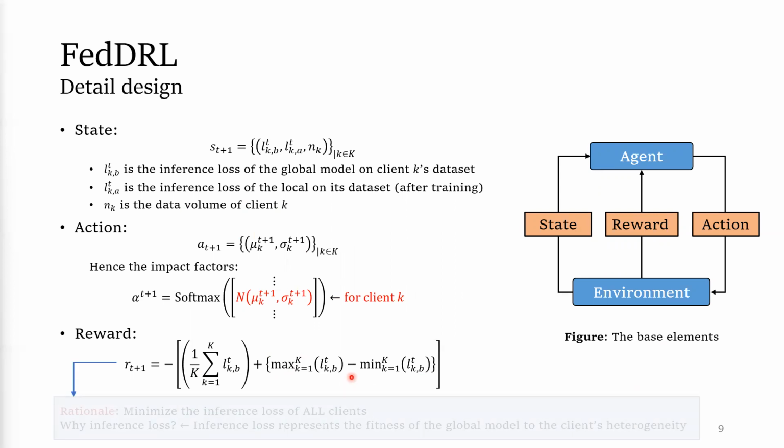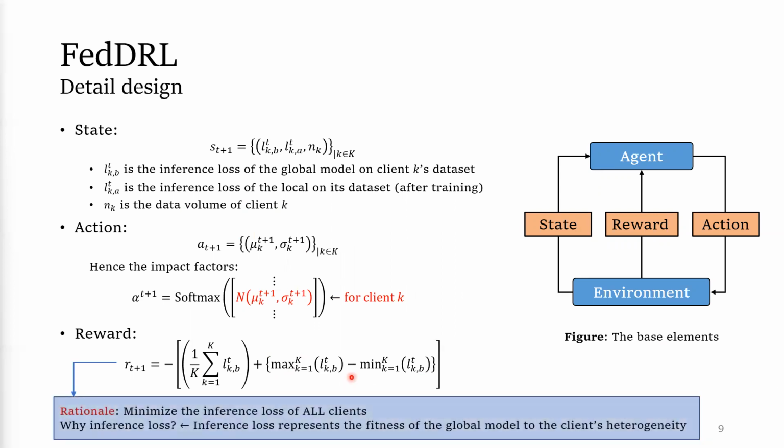The rationale behind this is that when we maximize the sum of the reward, then we actually minimize the inference loss of all clients. And why do we use the inference loss? Because the inference loss represents the fitness of the global model to the client's heterogeneity.